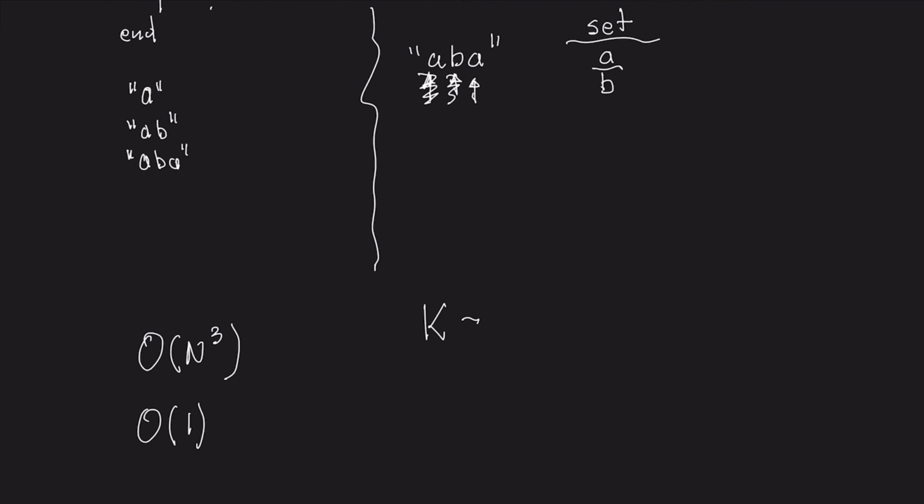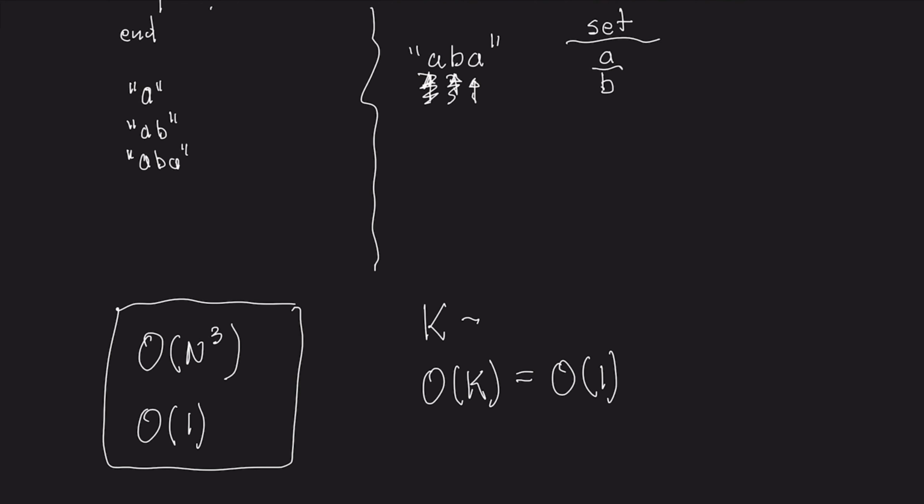So there is a limited set of such characters. So our set will at most have k entries, and O of k, where k is constant, is the same as O of 1. And that's why the space complexity for this solution is O of 1. And that's the entire brute force solution.